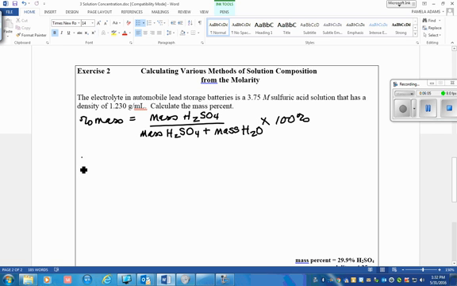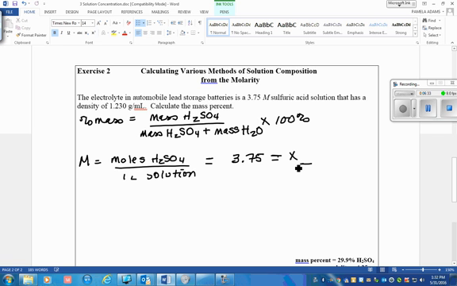Let's recall the definition of molarity. Molarity is the number of moles of the solute, H2SO4, in 1 liter of solution. So if we know that it's 3.75 molar, how many moles is that when there is, by definition, 1 liter? Well, that would be 3.75 moles of H2SO4.